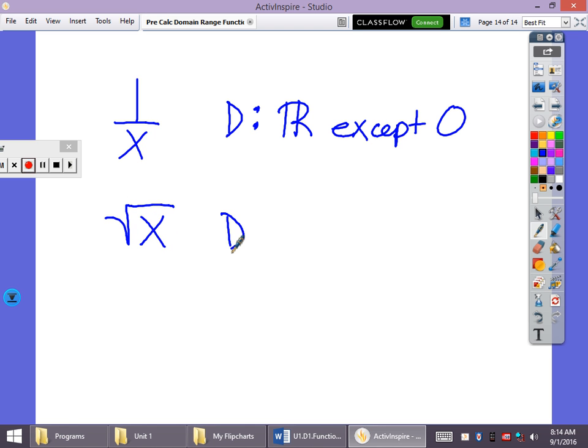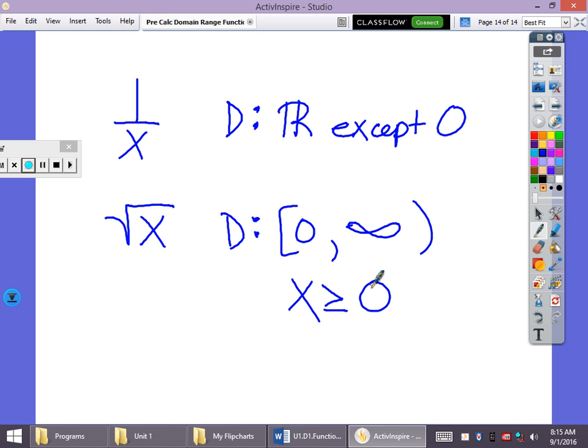So my domain is going to be what? 0 to infinity. You can do 0 to infinity. That's one way. Or you could say x greater than or equal to 0. You could say all positive real numbers, however. We good?